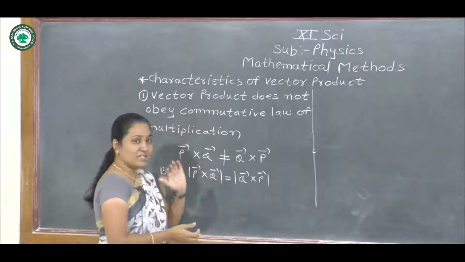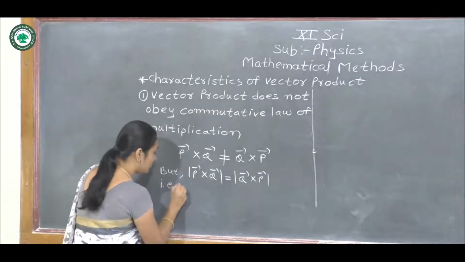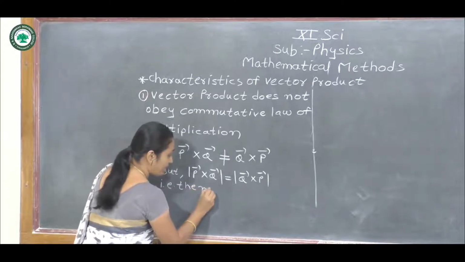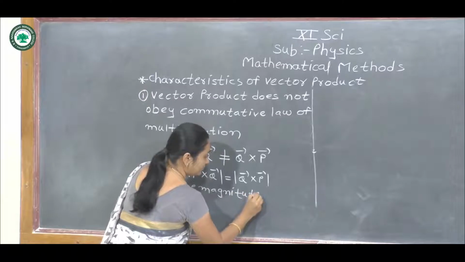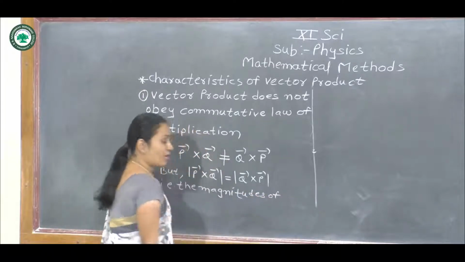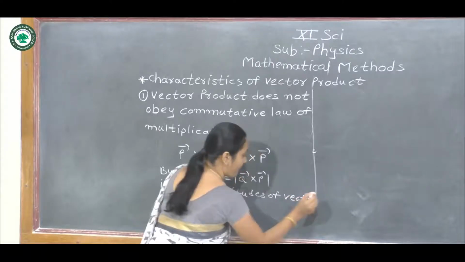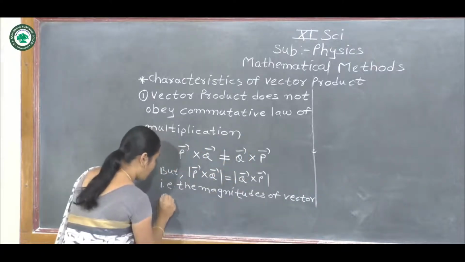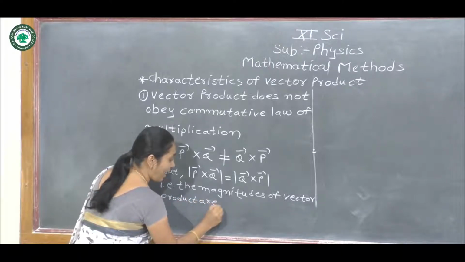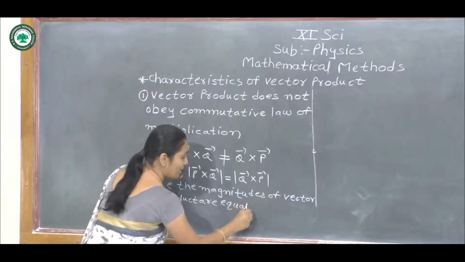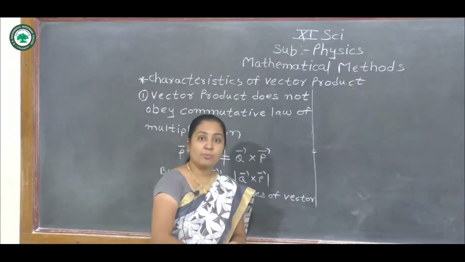So what is the first characteristic? That is, the magnitudes of vector product are equal but their directions are opposite.